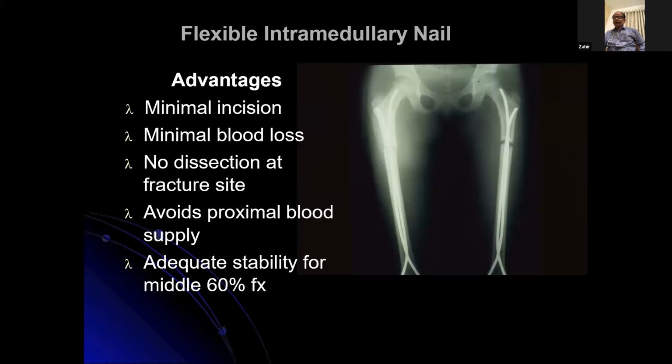Flexible intramedullary nailing. Advantages: minimal incision, minimal blood loss, no dissection at the fracture site, avoids the proximal blood supply, and adequate stability of the middle 60% of the fracture in shaft femur.